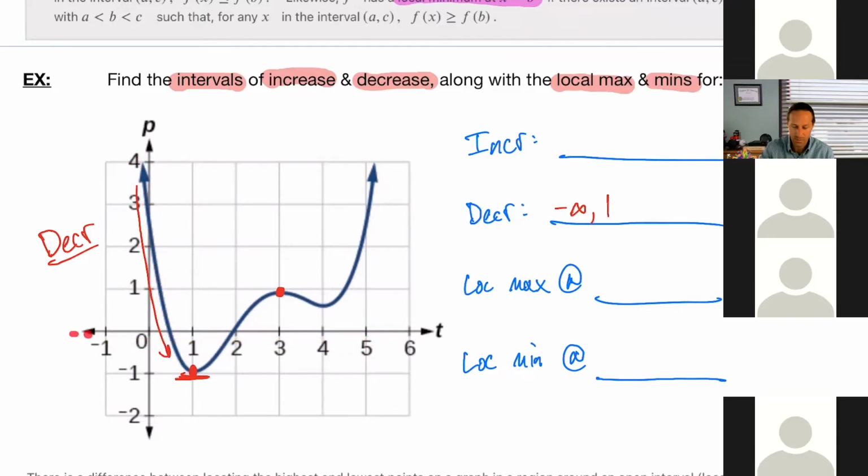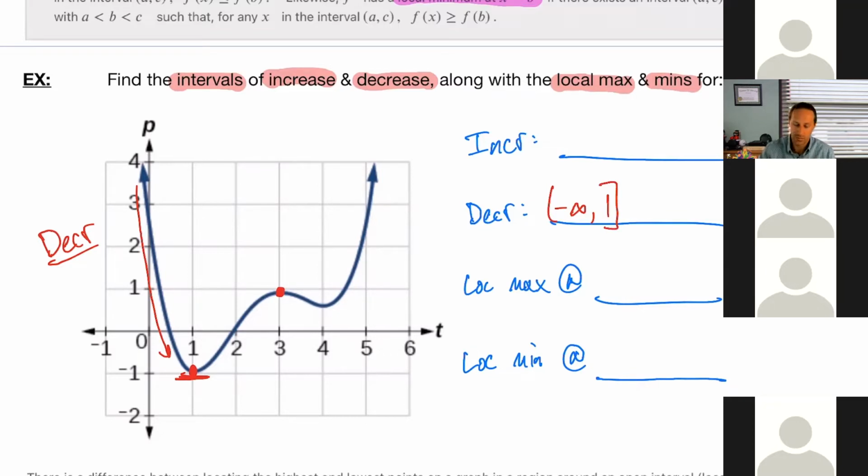So it's actually from negative infinity to 1. All of that is decreasing. And do we ever include infinities? No. So a parenthesis around it. Should I include the 1? Some of you are putting yes. All right, let me include it for now.